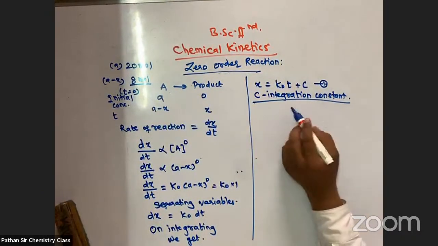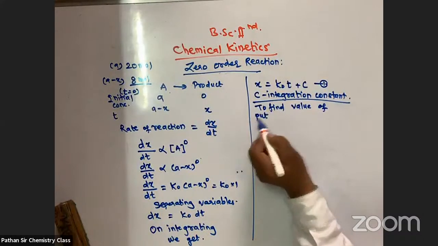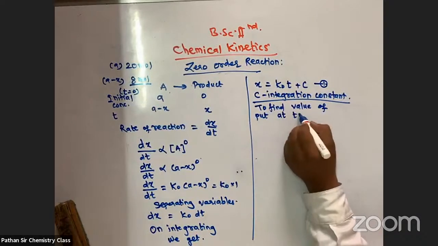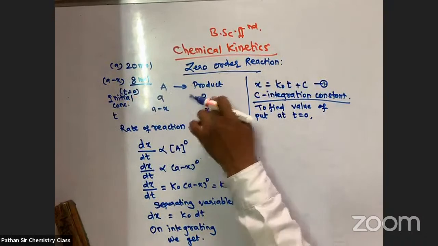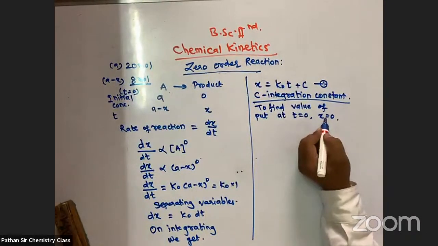Okay, therefore, to find the value of c, put the initial condition that at t equal to 0, x was also 0.